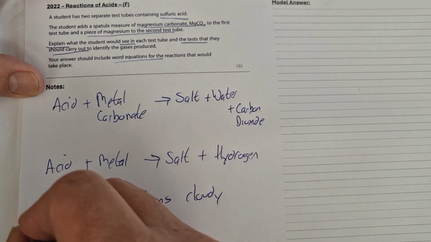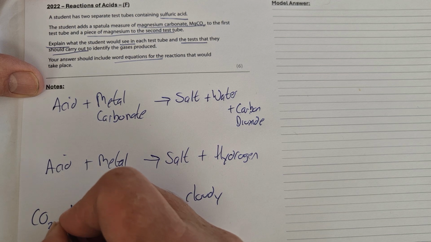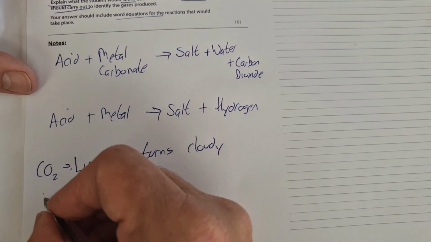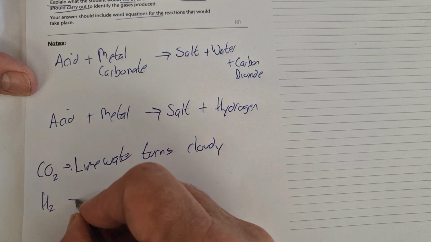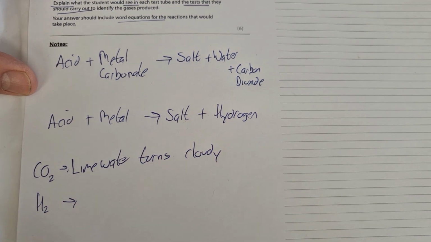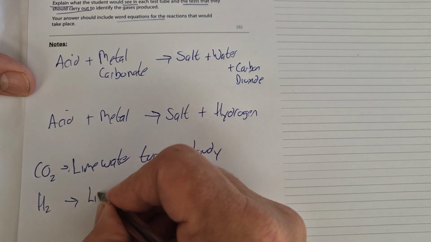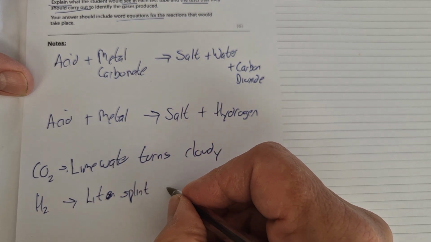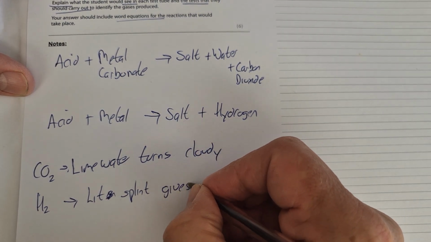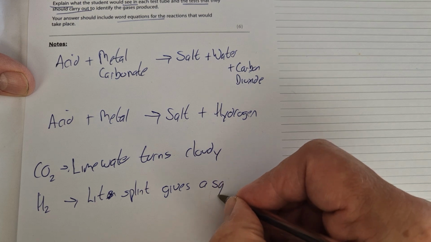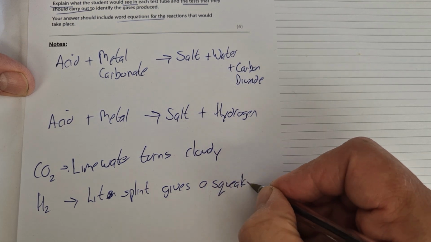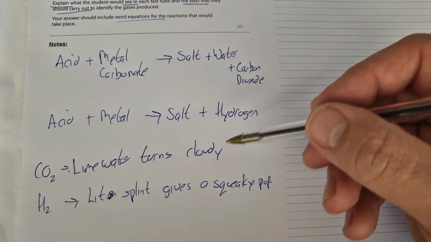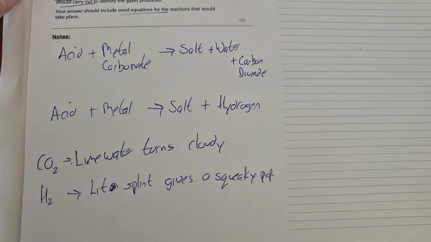And the test for hydrogen, H2, is a lit splint, which gives a squeaky pop. So there they are, our two gas tests when we come to write it out.